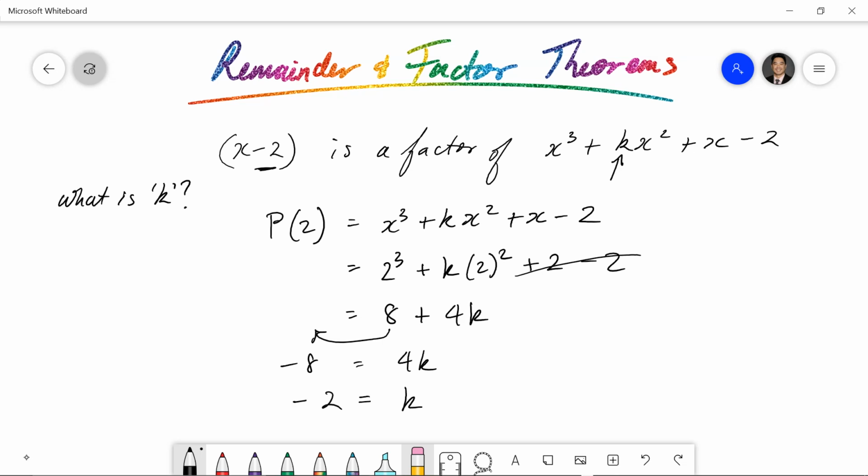So our polynomial is going to be x cubed minus 2x squared plus x minus 2.